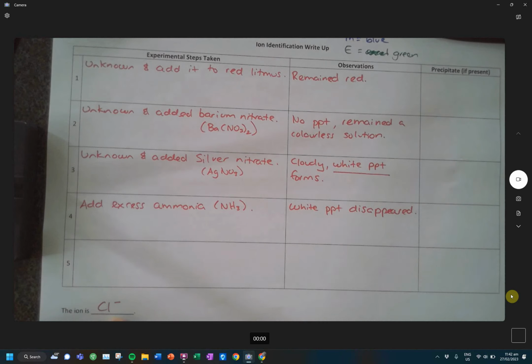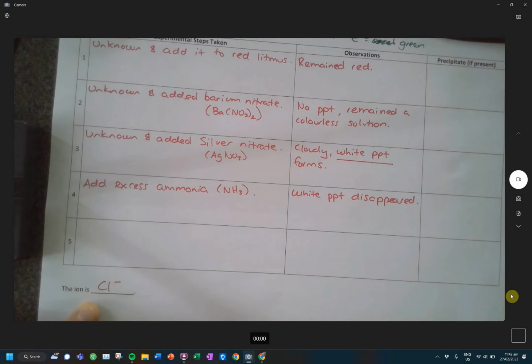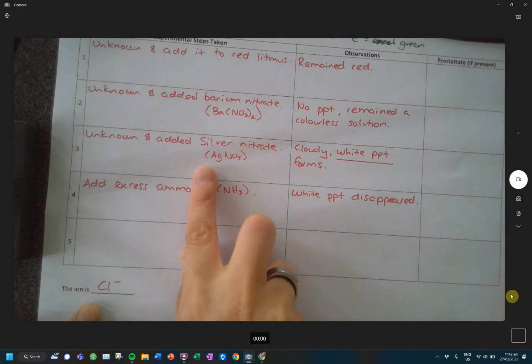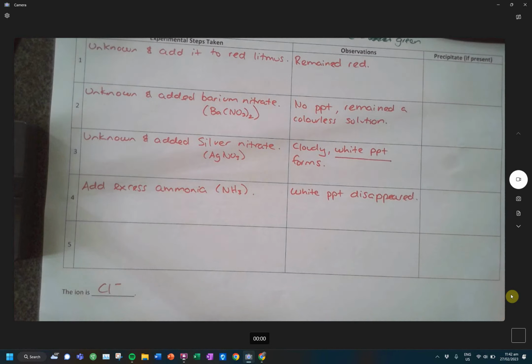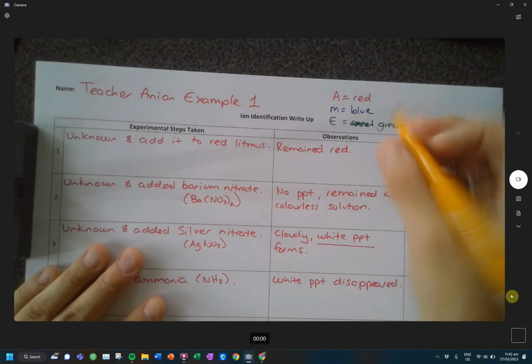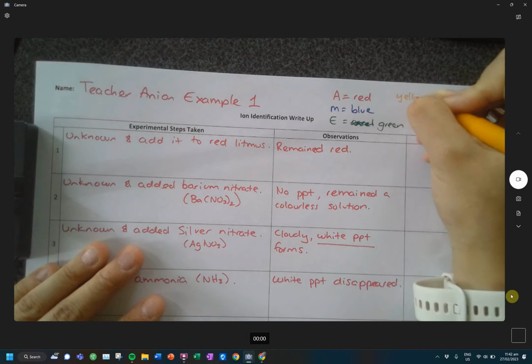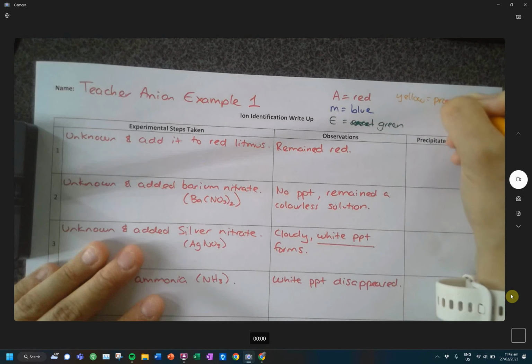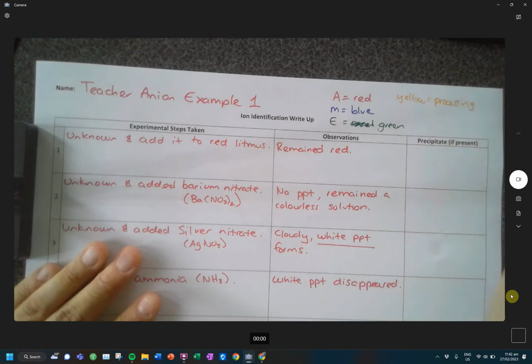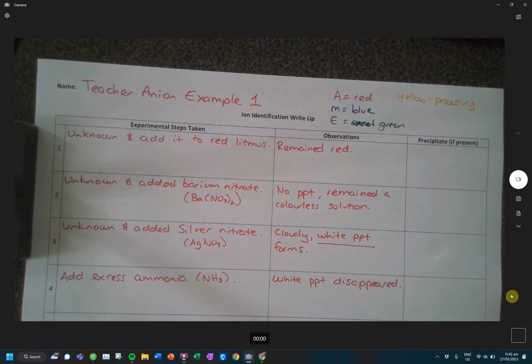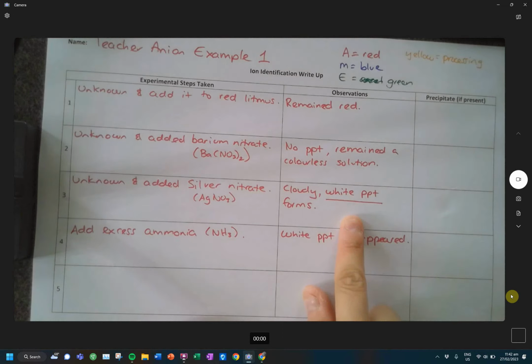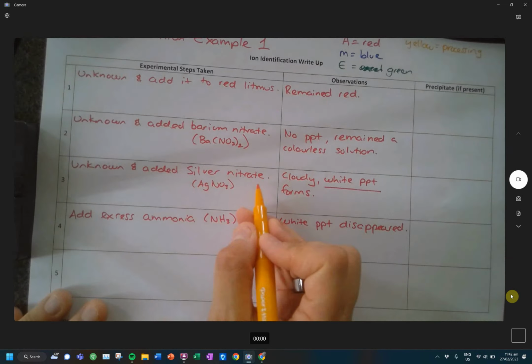Now, since I'm identifying the anion, what I want to check is what cation I added. So we see here, and I'm just going to write this in yellow just to show my processing. When I look at my step with the white precipitate, I added silver nitrate.